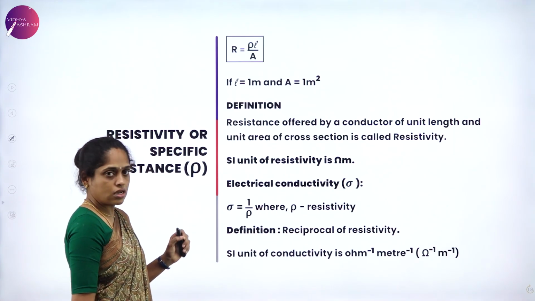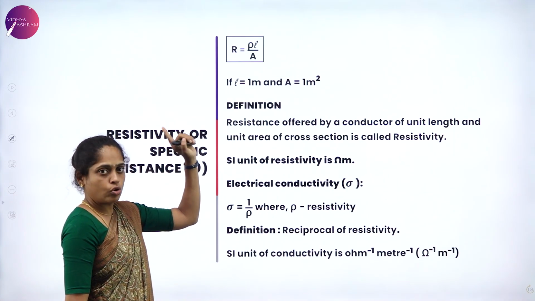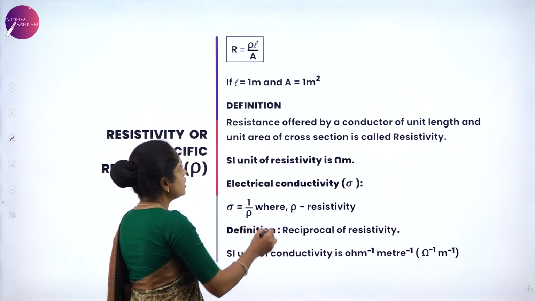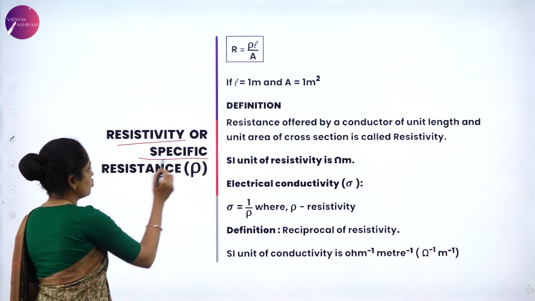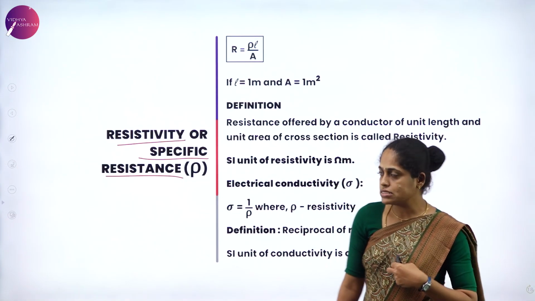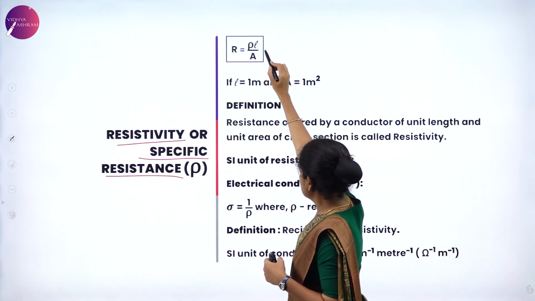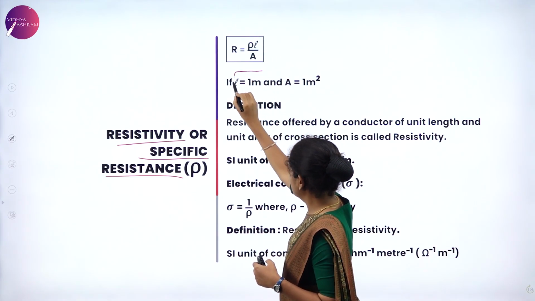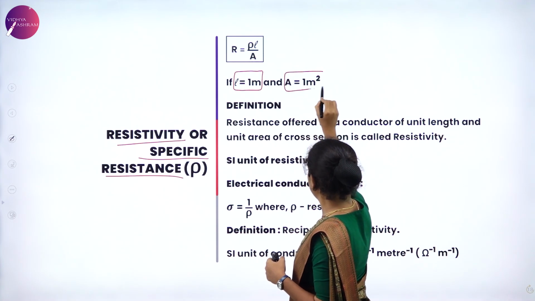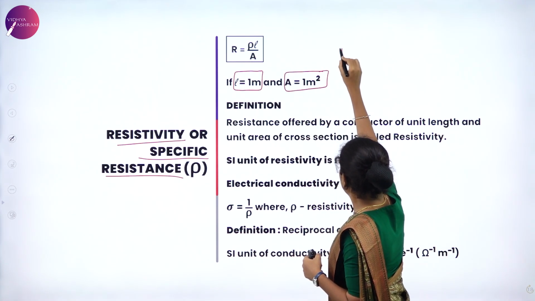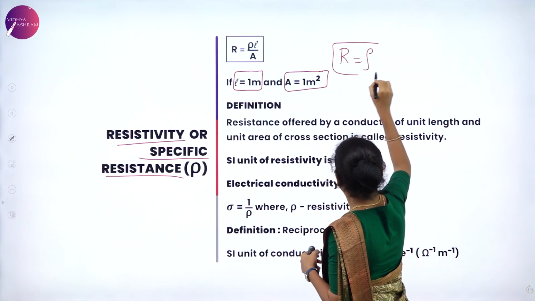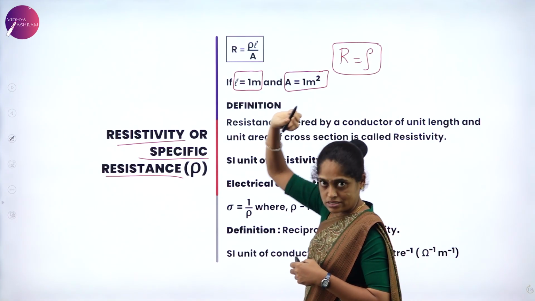Yes, next. Consider R is equal to rho L by A. Using this, let us define the resistivity, which is also known as specific resistance. What is resistivity? In this formula, consider the length as 1 meter and area as 1 meter square. Then R is equal to rho. What is R? R is the resistance.